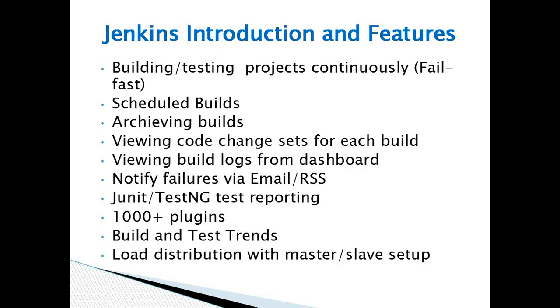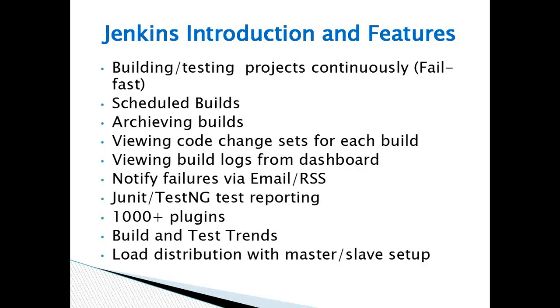It also has a mechanism called master slave setup. If you configure Jenkins for 10 or 20 projects, one system cannot handle all the builds for those projects because it might be delayed.